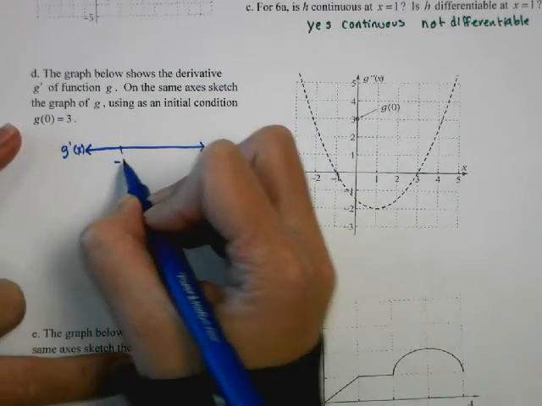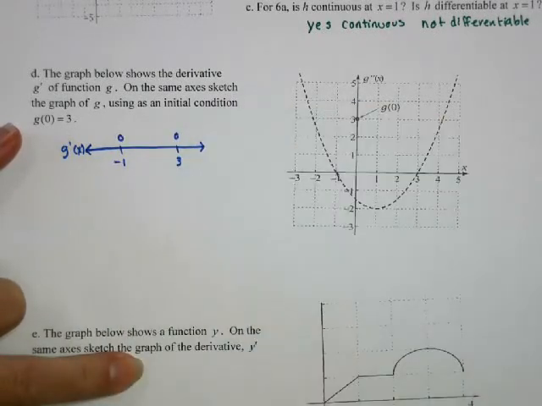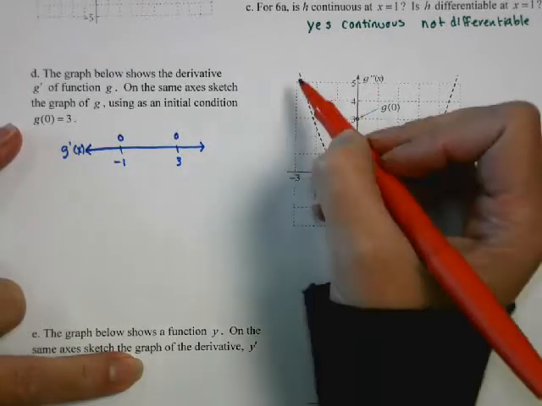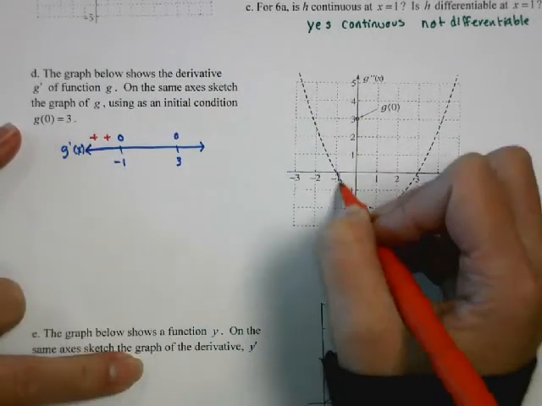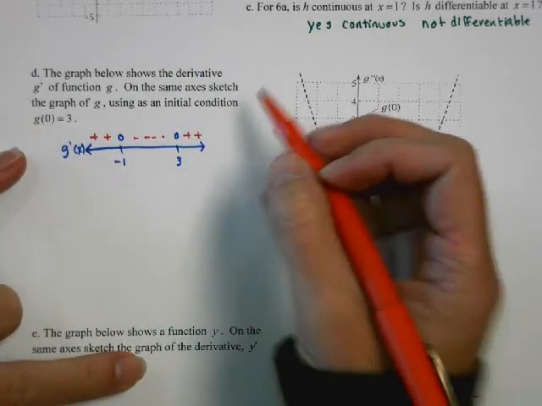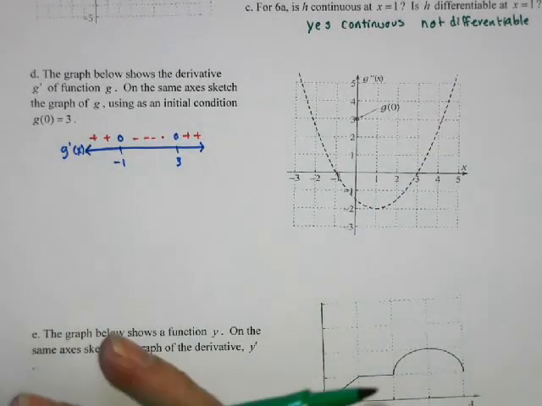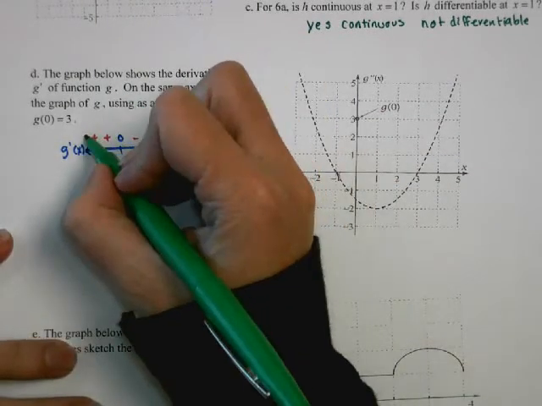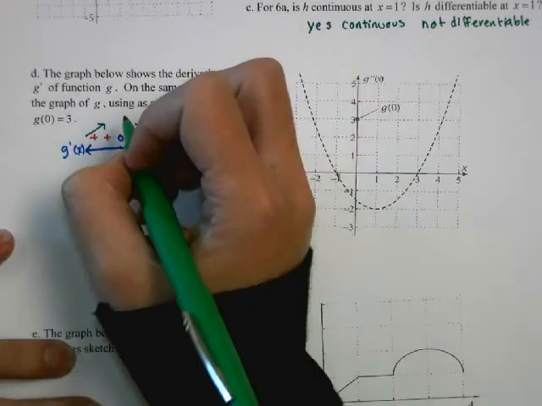G prime is 0 at -1 and 3. It is positive to -1. It is negative between -1 and 3. And it is positive after that. So my original graph that we're about to draw is going to be increasing, then decreasing, then increasing.